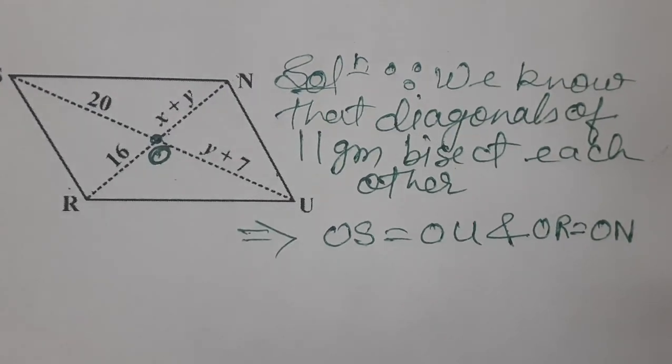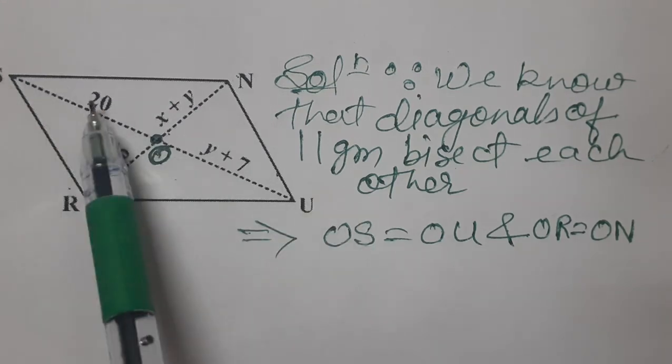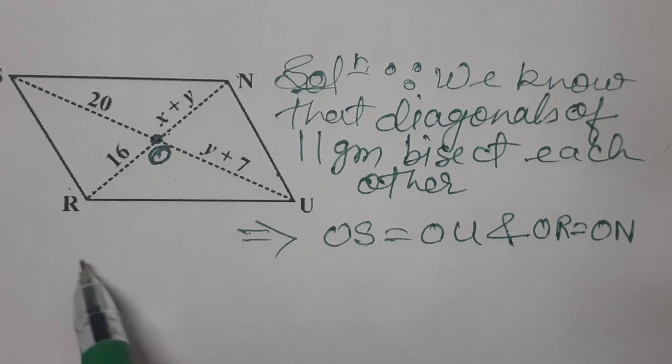So now let's find these diagonals. Firstly OS. What is OS, children? See in the figure, OS is 20. So put the value.